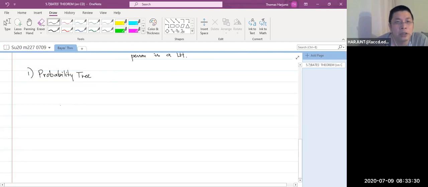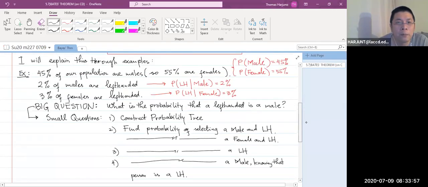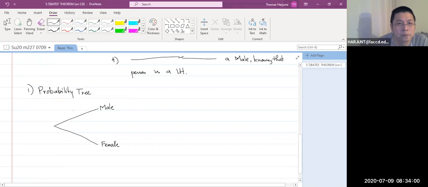Okay, probability 3 will be done in the following way. The event is written at the end of the branch, male, female, and the probability for that event to happen in that branching is written on the branch. So for males it is 45% and female is 55%.